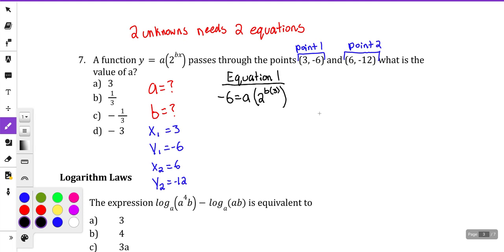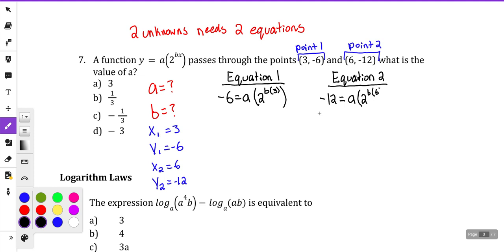Equation 2, I'm going to do the same thing, but I'm going to use the second x and y values. So equation 2 will be negative 12 equals A times 2 to the power of B times 6.